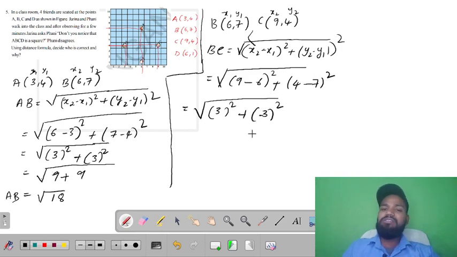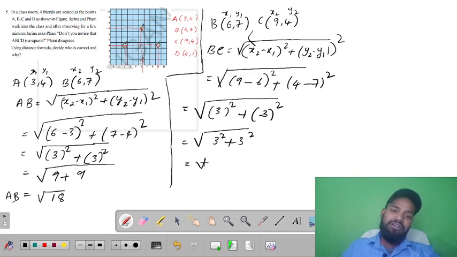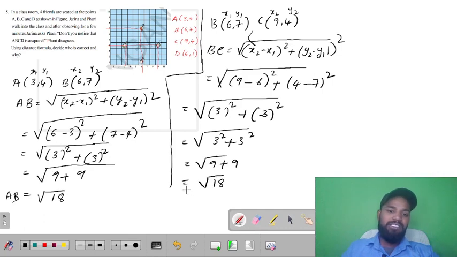Then under root 3 square plus 3 square, that is 9 plus 9, which equals root 18. This is BC. BC equals root 18.